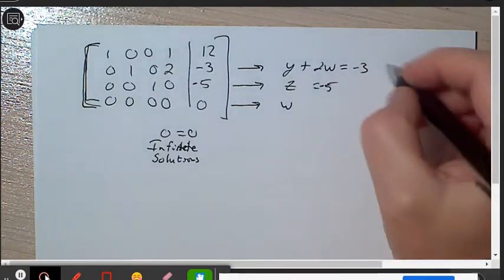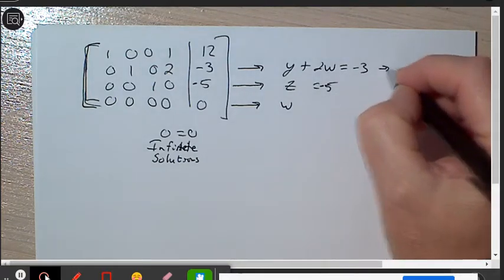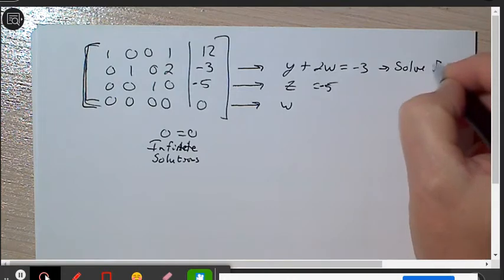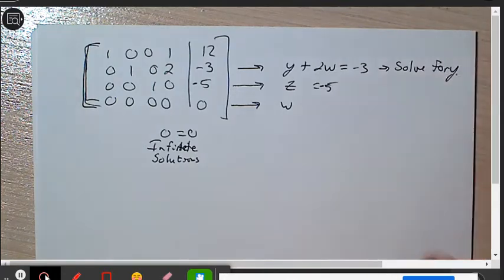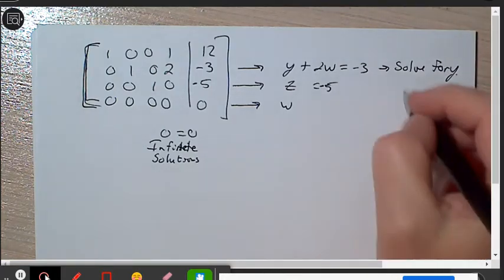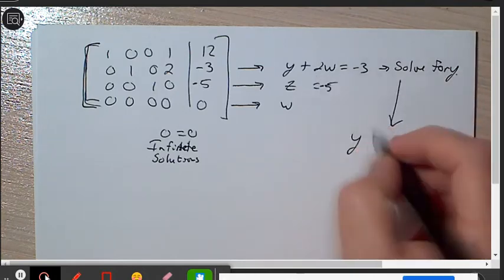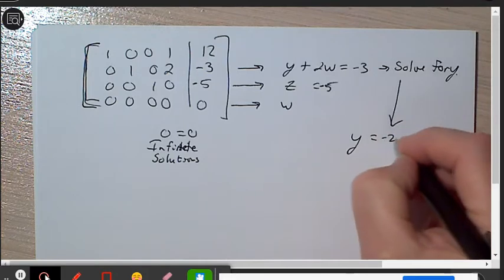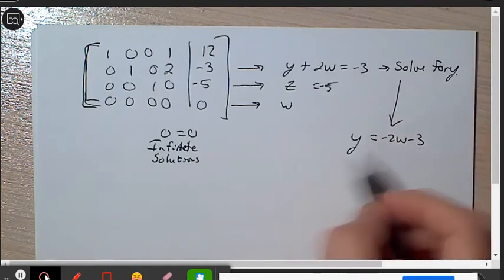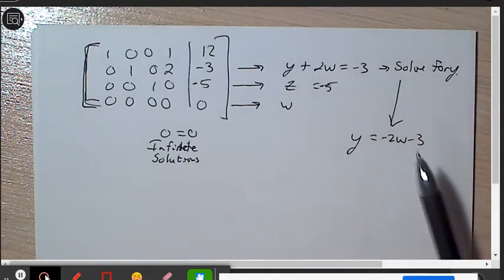And then we're going to solve this equation for y. So we'll just subtract the 2w from both sides. Then we know y would equal negative 2w minus 3.